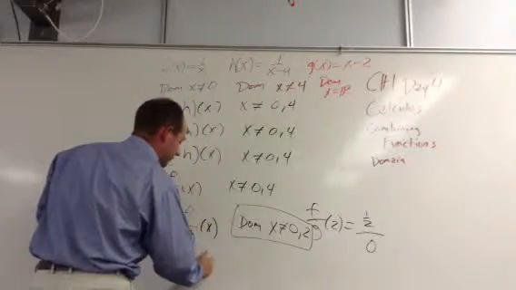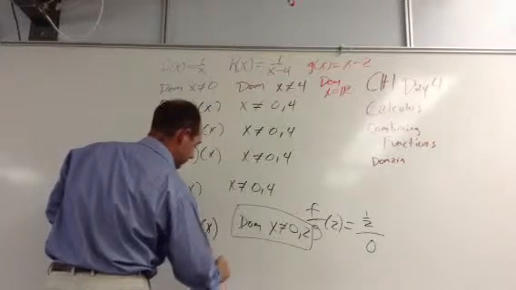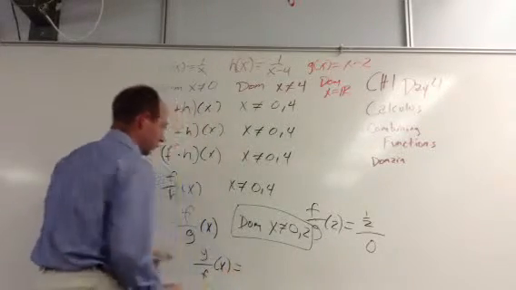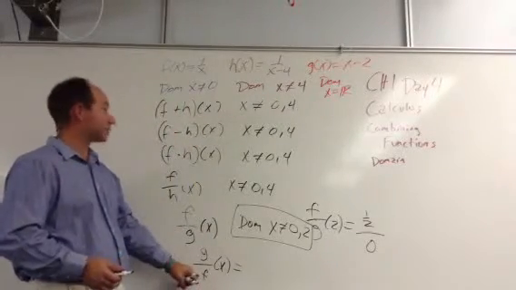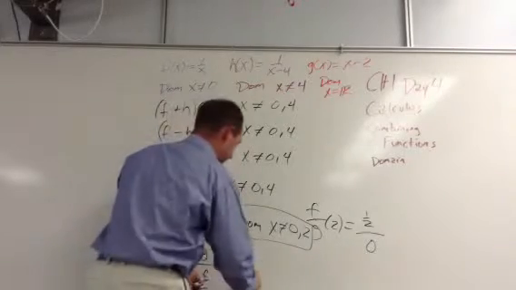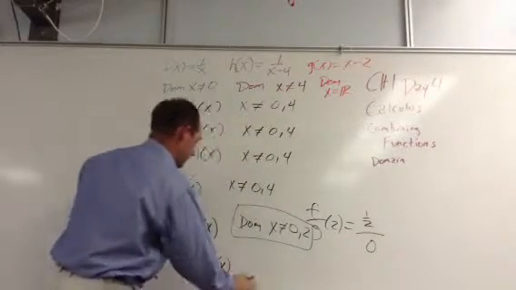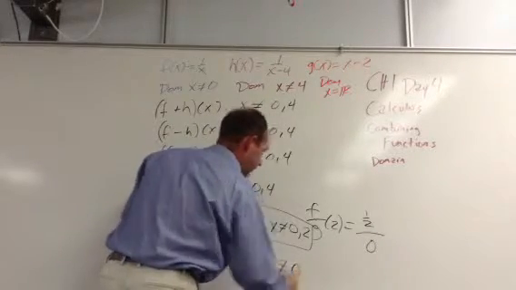Likewise, if I switch this around and say g over f of x, now all reals work for the top, but for the bottom, the only one that doesn't work is 0, and putting in 0 gives me 0. So in this case, the domain would be x cannot equal 0. That'd be the only one.